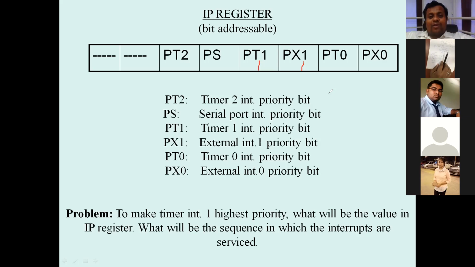Sir, if all the bits are 1, then it will follow the table, and the default priority level will be set. Is it clear to everyone? Yes sir. This is the IE, and this is IP.